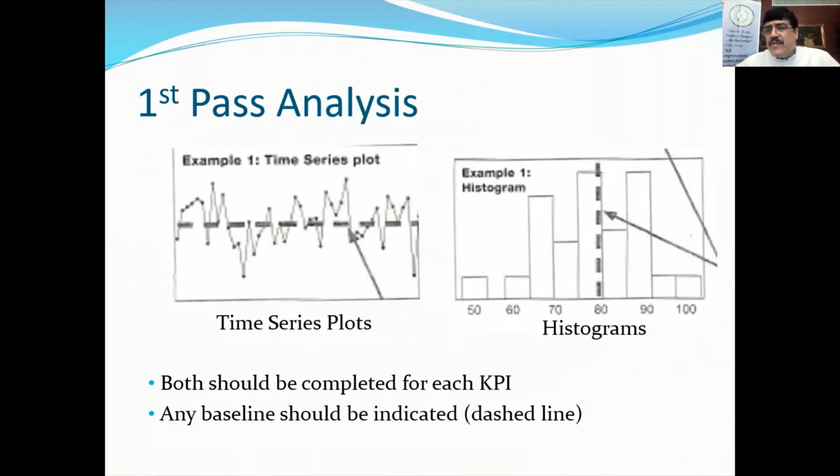And as I told you, once you are familiar with software like Minitab or Sigma XL, all you need is to take the data and ask the software to produce something like this for you. Here, the dashed line indicates the baseline.